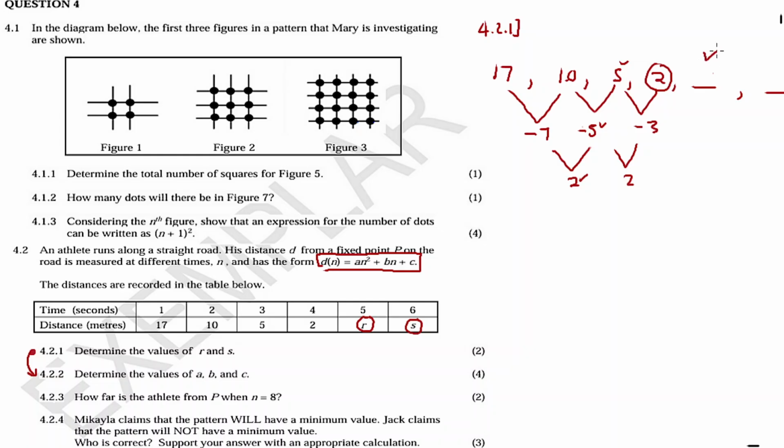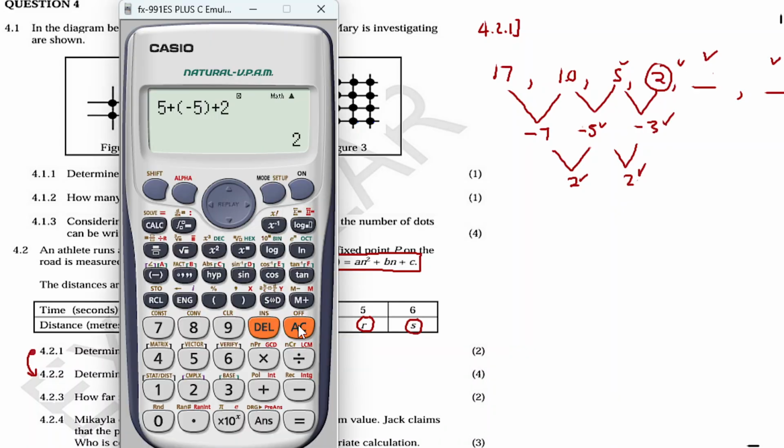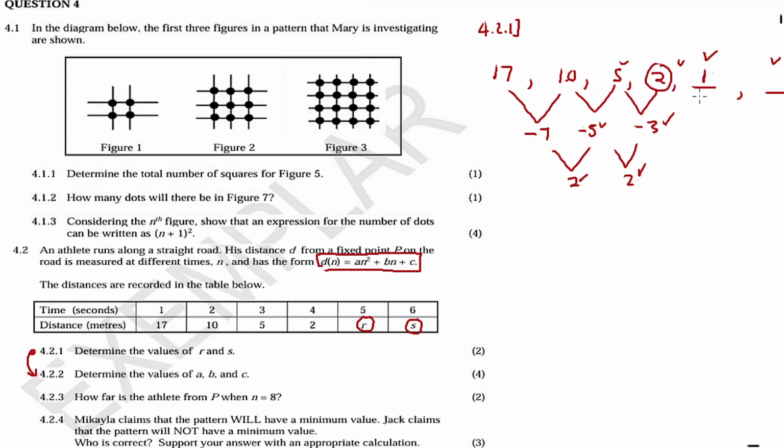So in order to get this and this, I have to do the same. 2 plus this negative 3 plus this 2 will give us the next term. So 2 plus negative 3 plus 2 is equal to 1, and then for the other, I'm getting a minus 1. Subtract, I should get 2. So negative plus, I should be getting a 2 here, right?